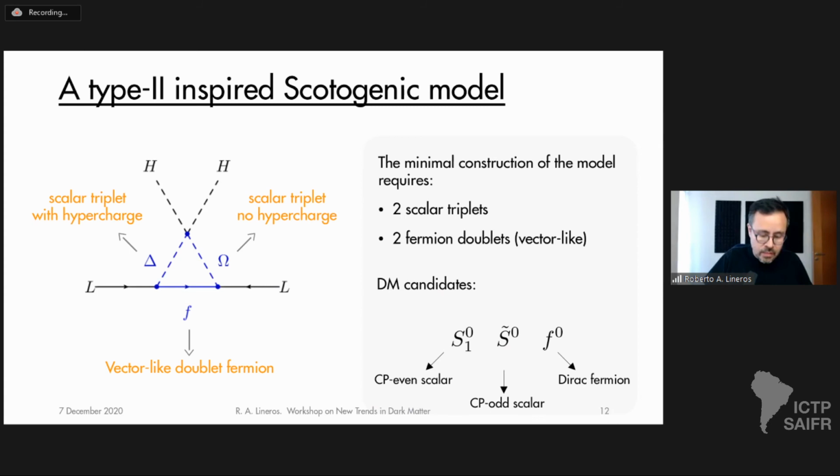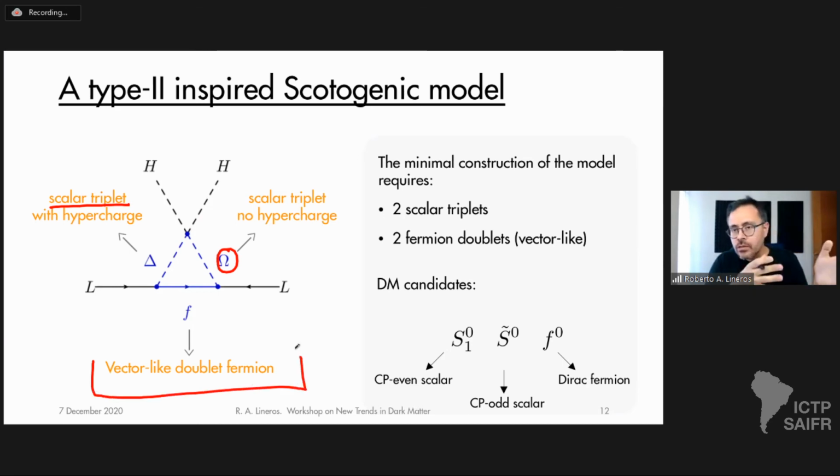The minimal model that we produce needs a scalar triplet with hypercharge, similar to the delta in the type 2 seesaw. You have to add a new hyperchargeless scalar triplet.